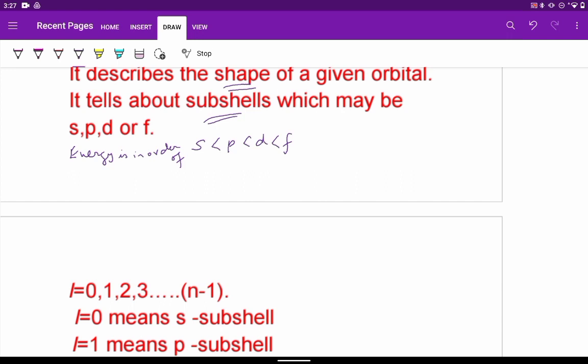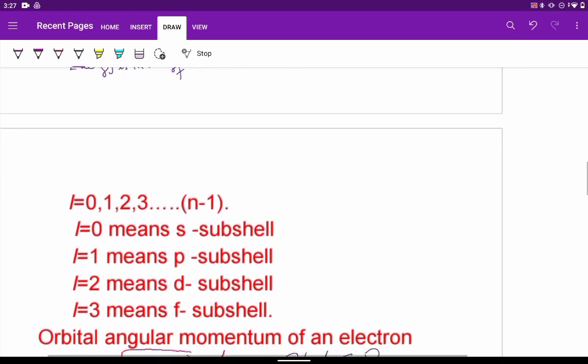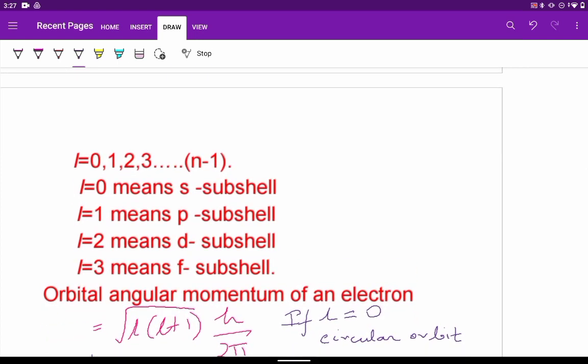Now what can be the values for l? If you know the value of n, we can find out what the l values can be. The value for l will be between 0 and n minus 1. So if the n value is 4, we have to take up to 3.